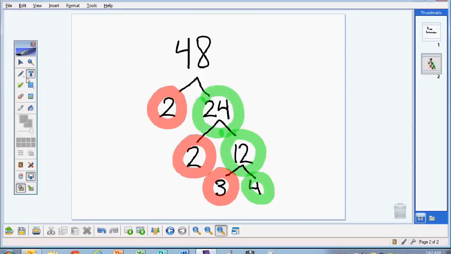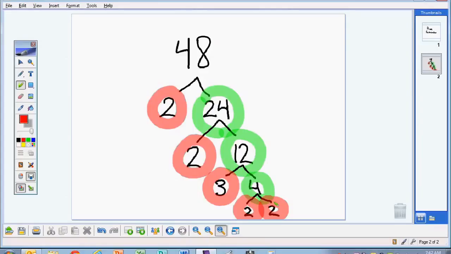There's only one factor pair I can use here for 4, and that is 2 times 2, because remember, I can't use 1 times 4. I split it, and I notice that both 2 and 2 are prime, so my process is over because the bottom of every branch in our factor tree is a prime number.